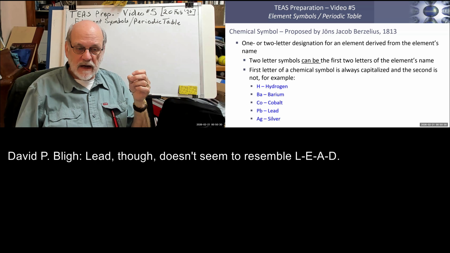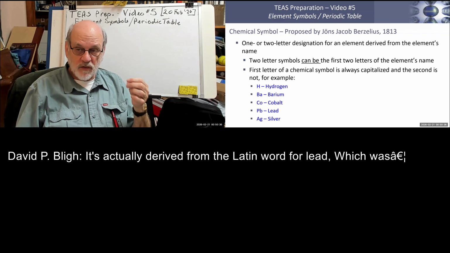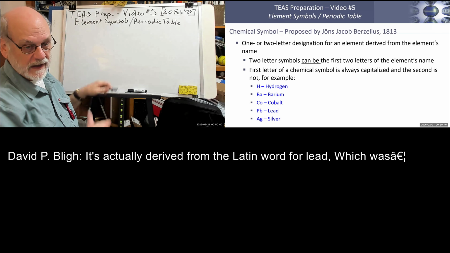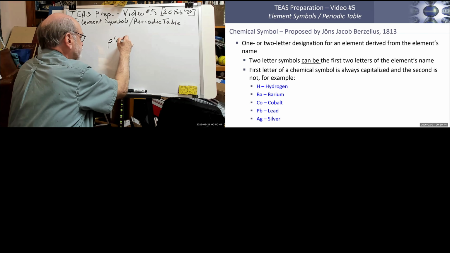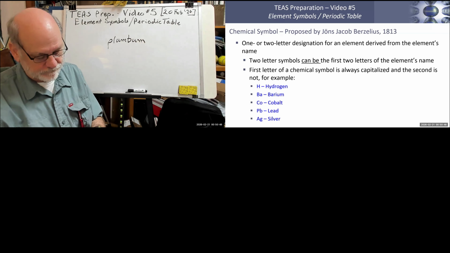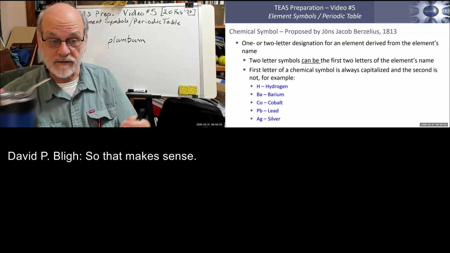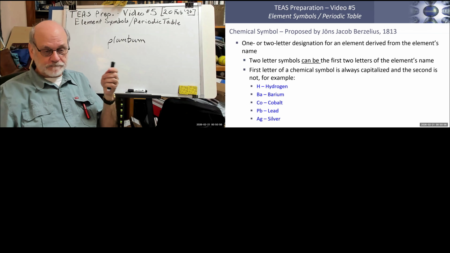Lead, though, doesn't seem to resemble lead. It's actually derived from the Latin word for lead, which was plumbum, which in Latin means heavy. So that makes sense. Lead was very heavy.